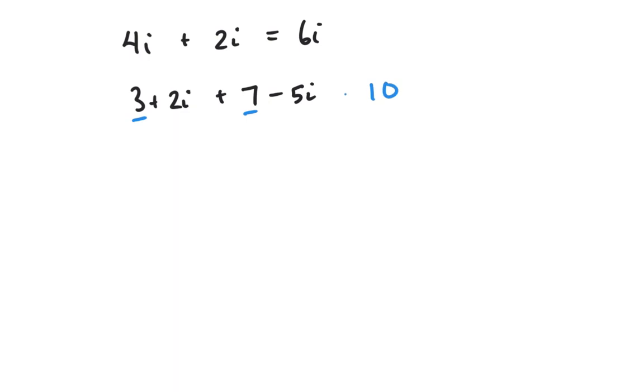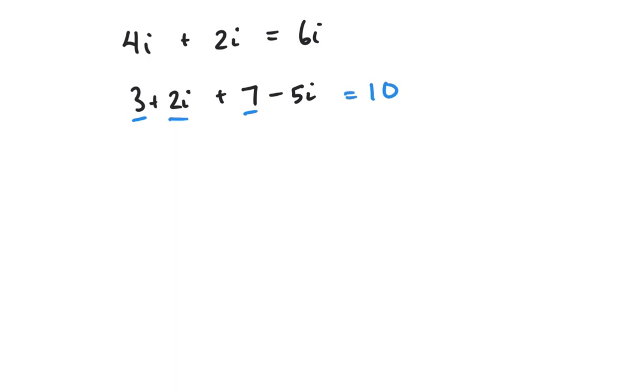Let's look at a couple more properties of the imaginary numbers. So, if I were to say, what's 4i plus 2i, we actually almost treat it as though the i's are variables. We say, well, I have 4 imaginaries plus 2 imaginaries. That's 6 imaginaries. If I were to say, well, 3 plus 2i plus 7 minus 5i, we combine the stuff that's not imaginary, so 3 and 7 is 10.